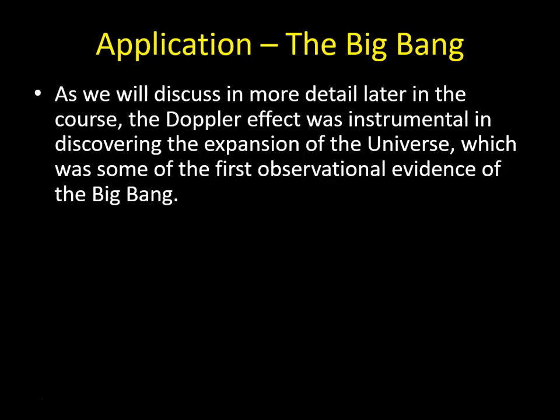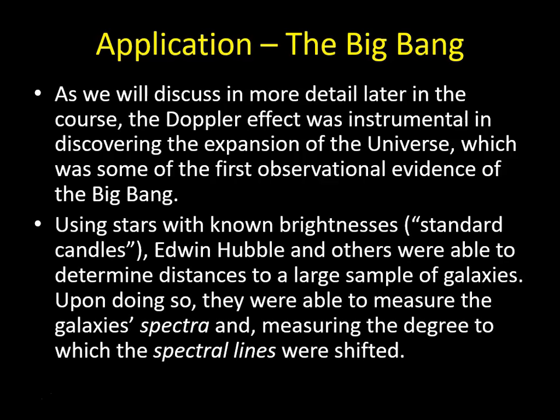The first evidence that the universe was expanding was actually found in the 19-teens, with the realization that all of these so-called spiral nebulae, with the exception of the closest, brightest ones, were all moving away from us. And then in the 1920s, Edwin Hubble was able to discern that there is a relationship between the distance these things were from us and the speed at which they're moving away from us.